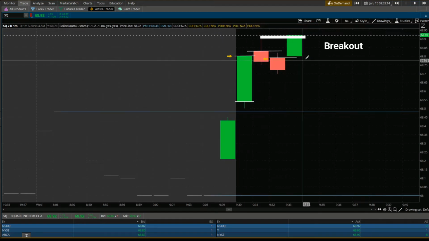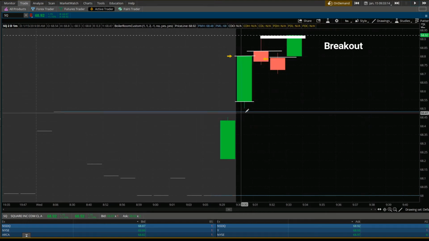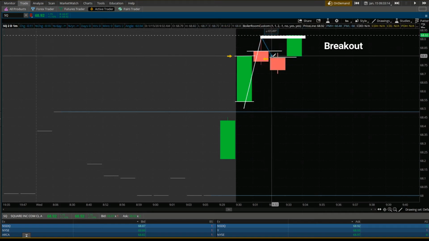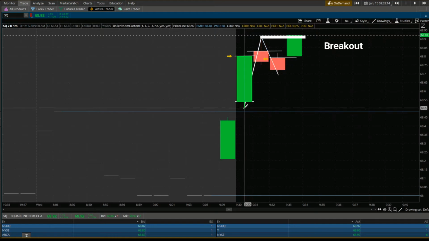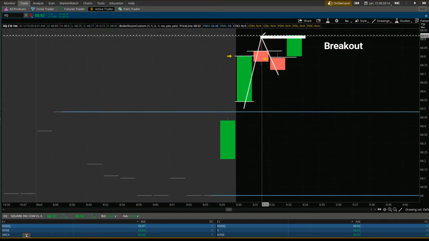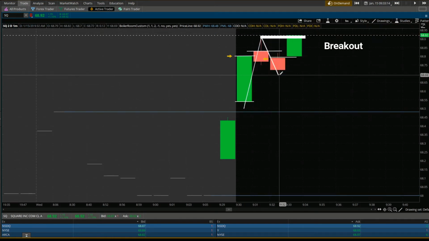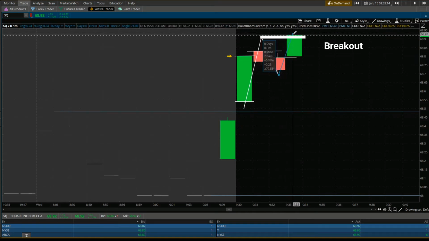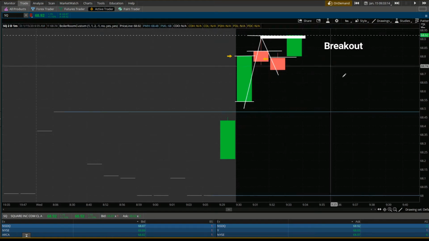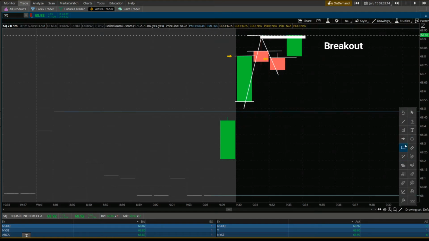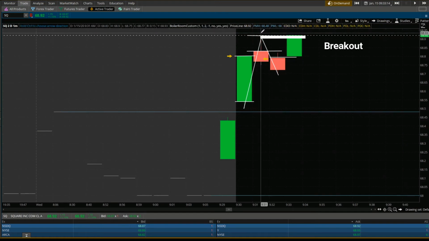So if we draw a line, a good way to think about this is if we draw a line from the bottom here to the top, then we have a retracement right to here, right? We come up from the bottom, we come up, make a high, we pull back, which is normal in the market, and then we're getting ready to break out. So if we break the top here, I'll put an arrow there for you, right here.